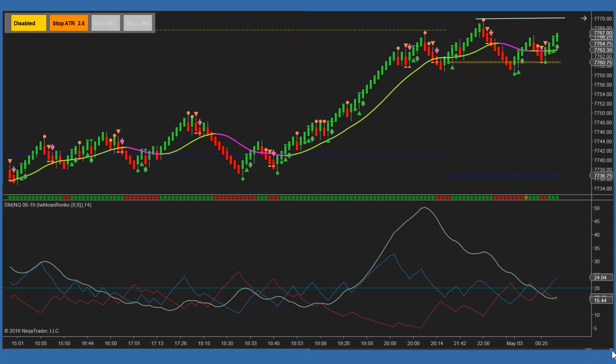Let's see what the next bar does. Aha, okay, fills our order. And now the ADX is starting to get a little bit of a positive lean to it. So I could just simply buy in at this point. I just hit the buy market button. Or I could just leave this order in play. Or I could bring my stop order down.